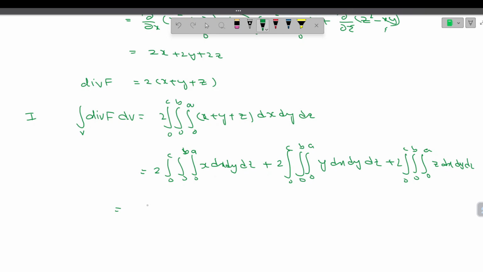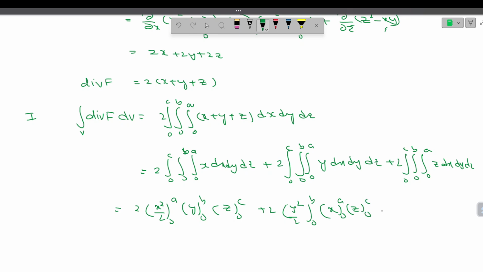So 2 outside, x becomes x²/2 from 0 to a, y from 0 to b, z from 0 to c, plus 2 times y²/2 from 0 to b, x from 0 to a, z from 0 to c, plus 2 times z²/2 from 0 to c, x from 0 to a, y from 0 to b.